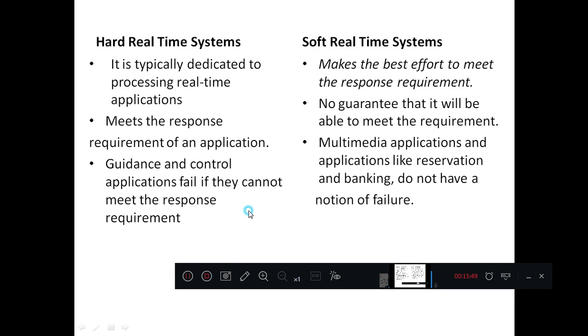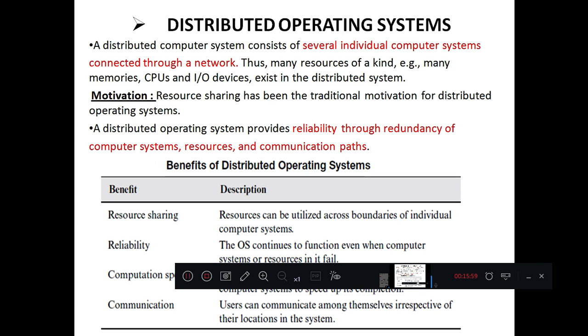So in the next slide, this is the end of the second operating system, that is the real-time operating system. And the third one is the distributed operating system. As the name itself tells, distributed means the operating system should distribute the processes to different computer systems, right?